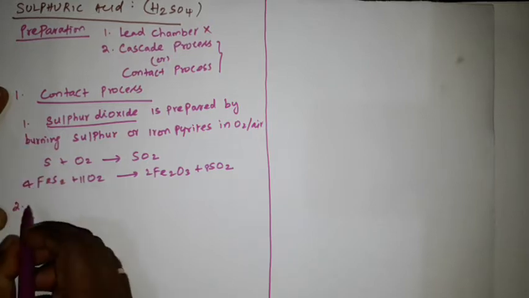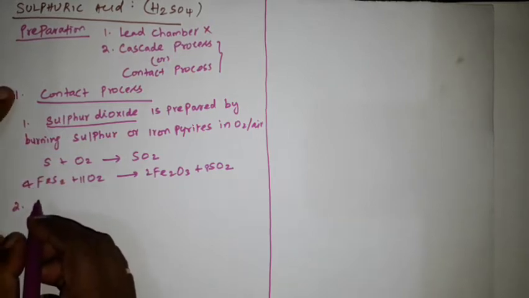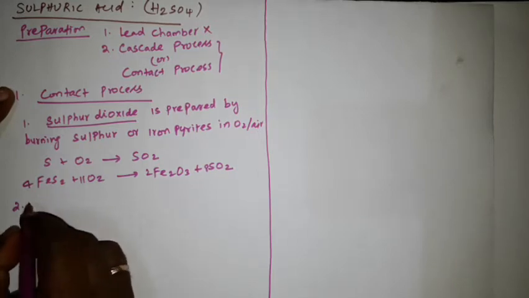Then in step 2, we are going to convert this sulfur dioxide into sulfur trioxide.